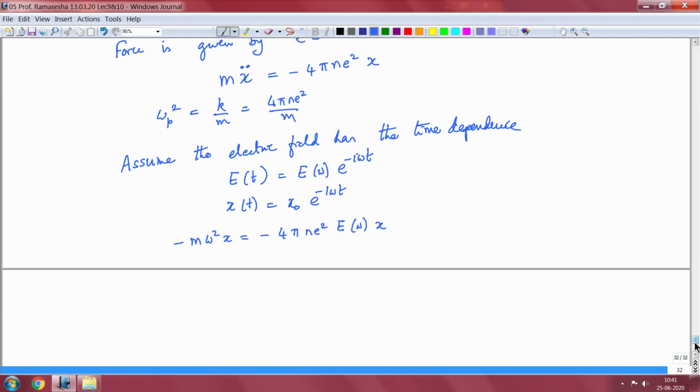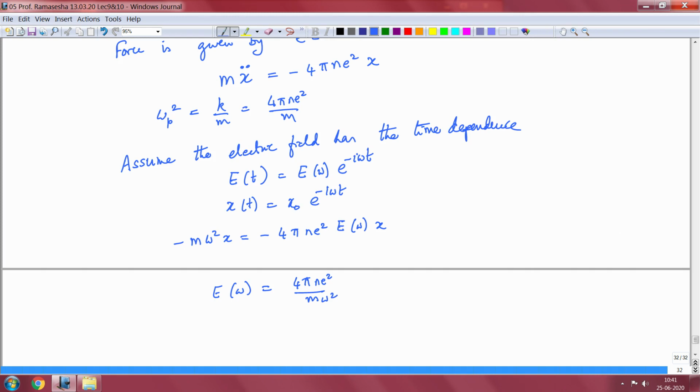So I have E of omega is equal to 4 pi n e squared by m times omega squared, okay, because x cancels on both sides.